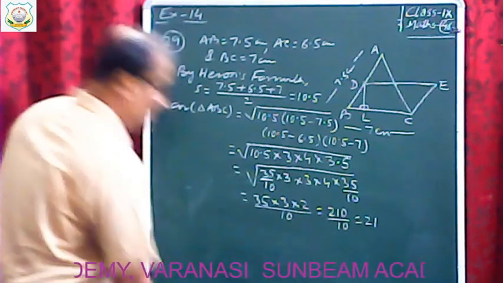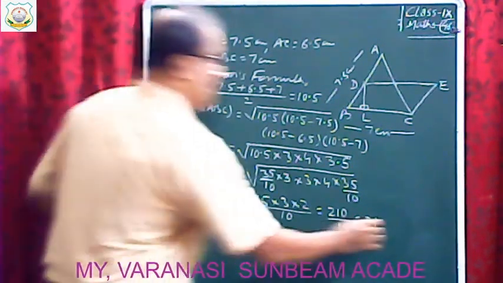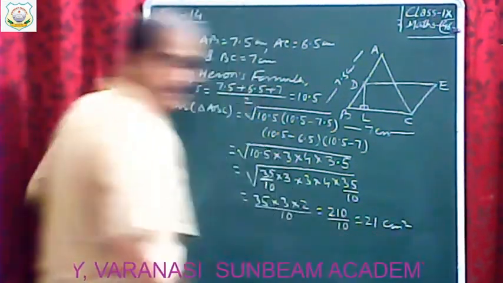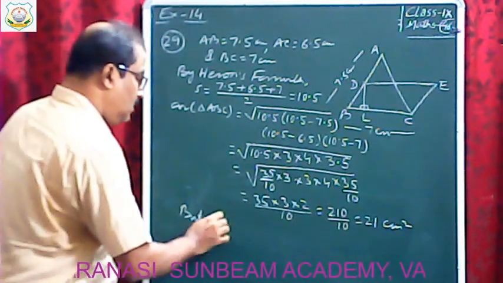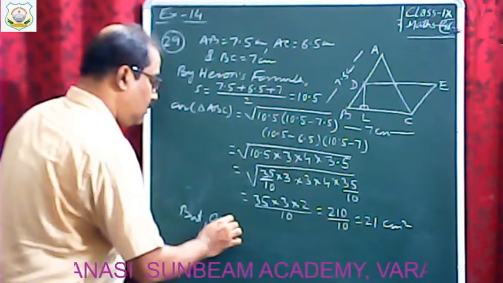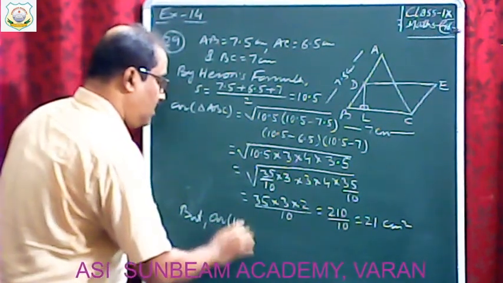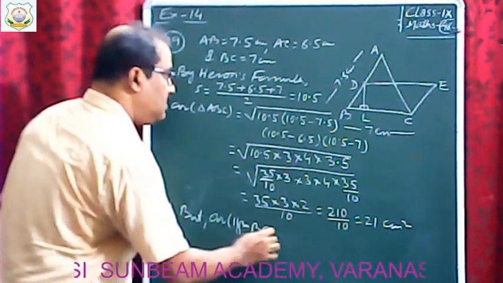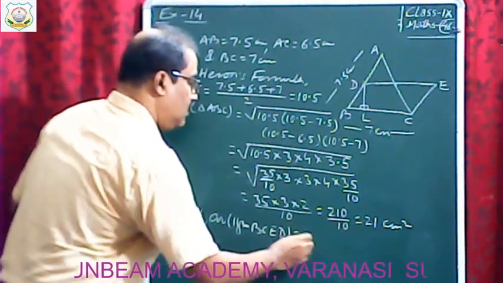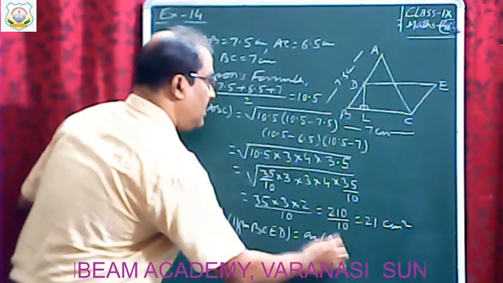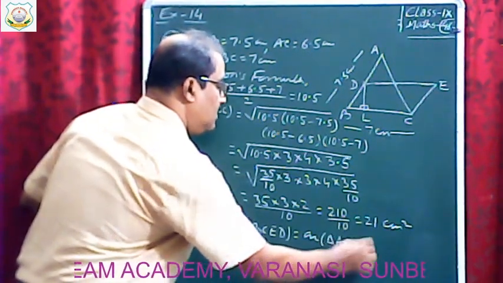Now thereafter that area is the same as the area of parallelogram. Okay, but area of parallelogram BCED is the same as area of triangle ABC.